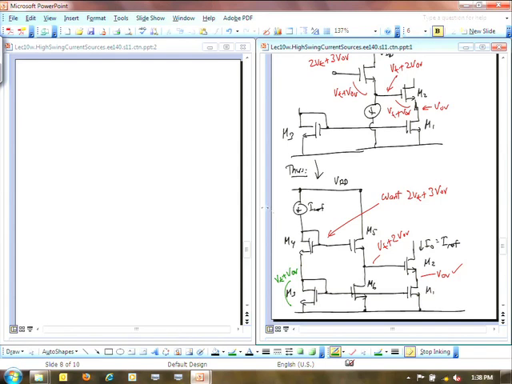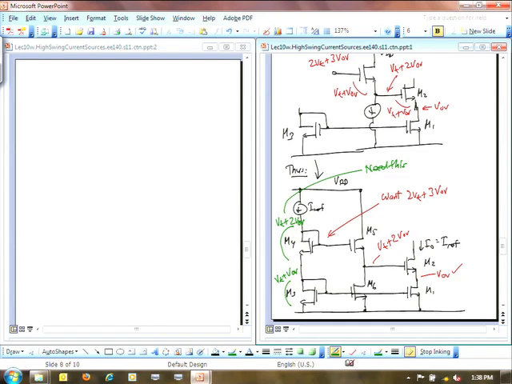But then across M4, in order to get this 2 VT plus 3 VOV, I have to have a VT plus 2 VOV. Okay, so I need this. And if I need this, how am I going to get that? I'm going to get that by just resizing my devices.